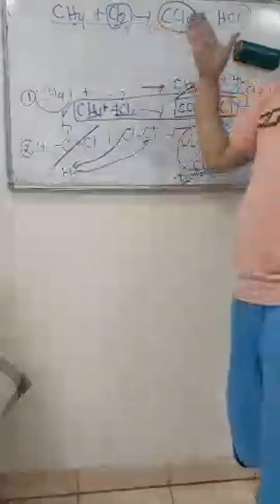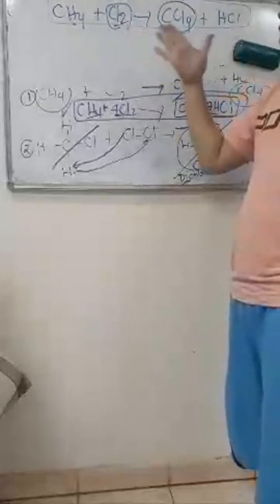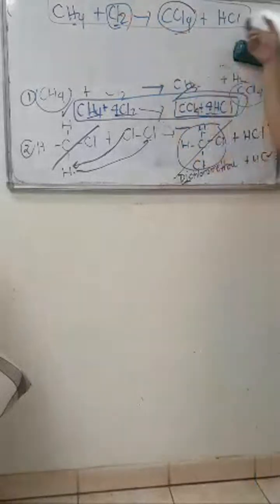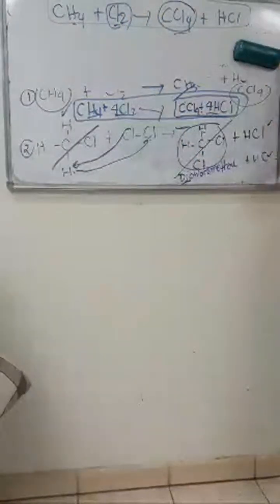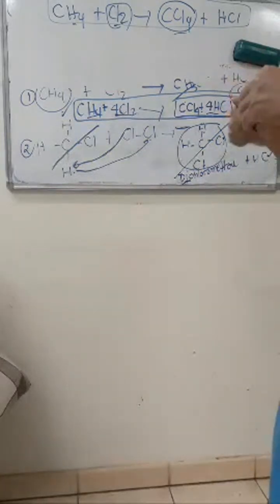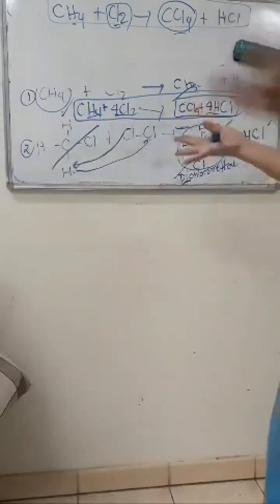I cannot put 2, I cannot put 1, I cannot put 3, because if you put 3, it is 6 to 4 only. So it will not balance directly. It's not convenient for me. Still, I will use the algebraic method of balancing the chemical equation.